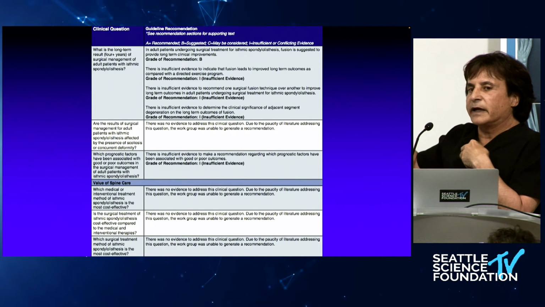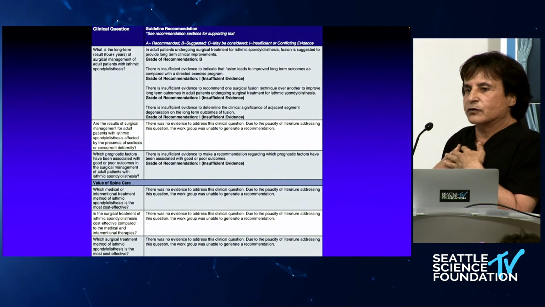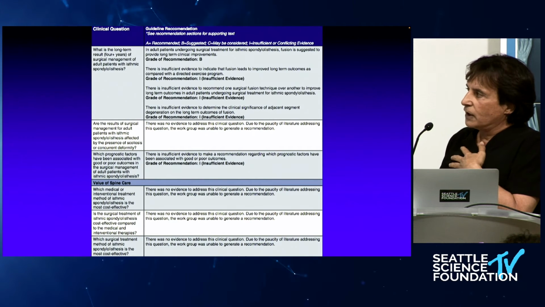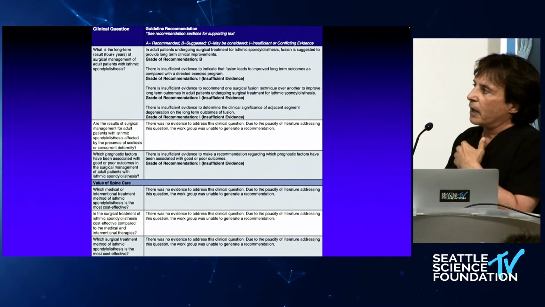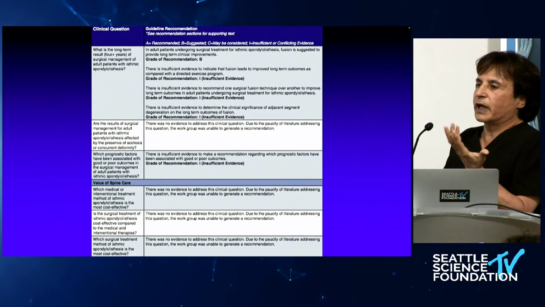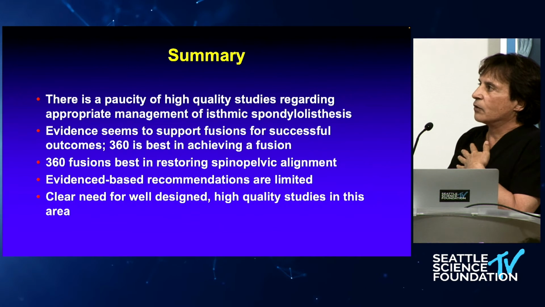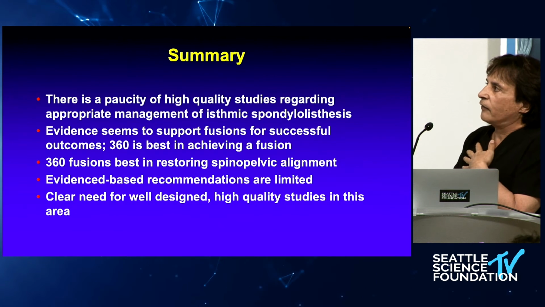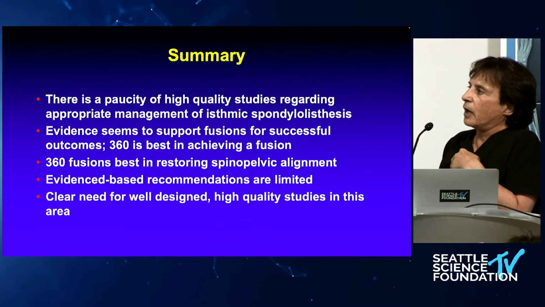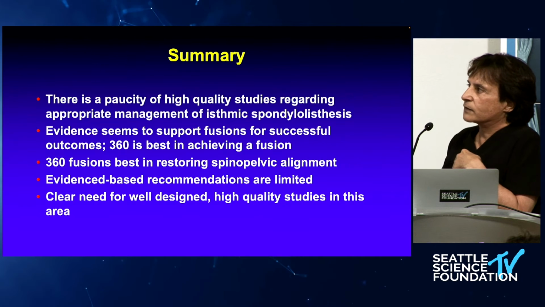So I'm just highlighting some of the very common questions that we ask ourselves as professionals in dealing with this. You need to look at this so you can be honest with your patients and honest with yourself as to what you can expect as far as outcomes are concerned. So in summary, there's a paucity of high-quality studies regarding appropriate management of isthmic spondylolisthesis in adults.